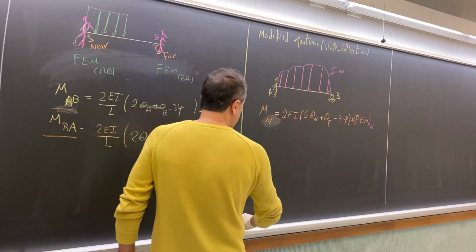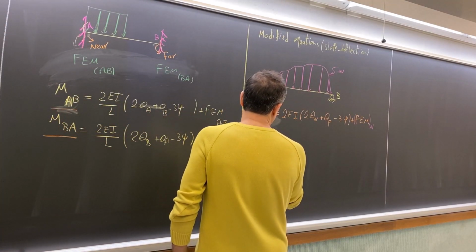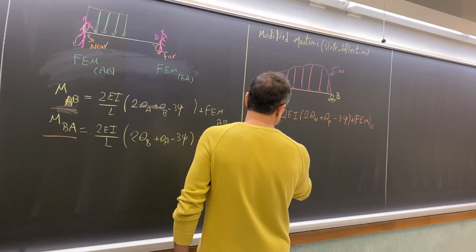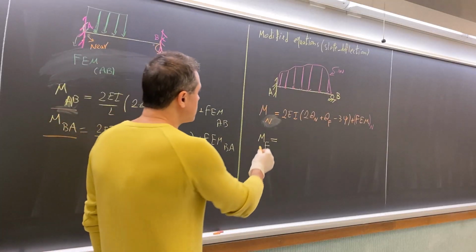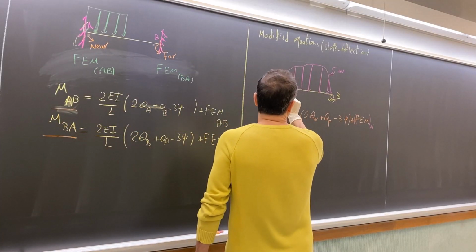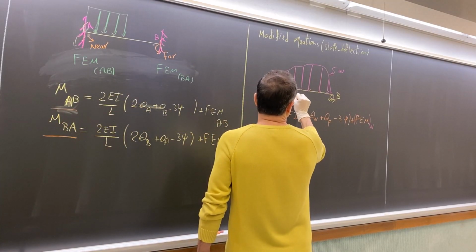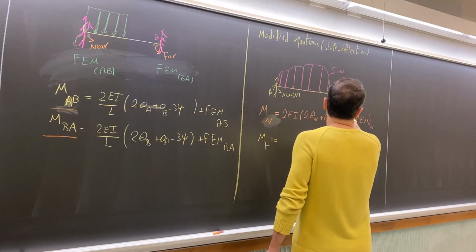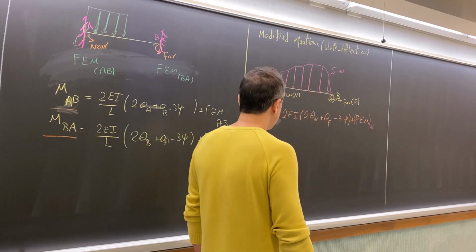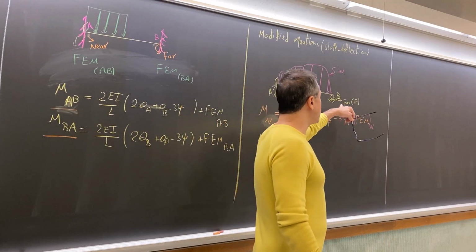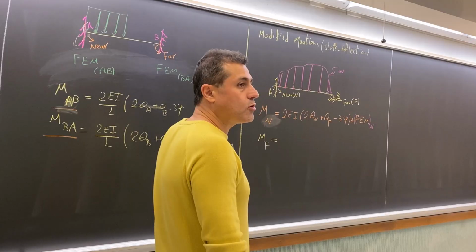For the second equation, for the far end, how much is the moment at the far end? Remember, this is near, we show it with N, and this is the far end, we show it with F. How much is the moment at the far end, or point B? You already know that.